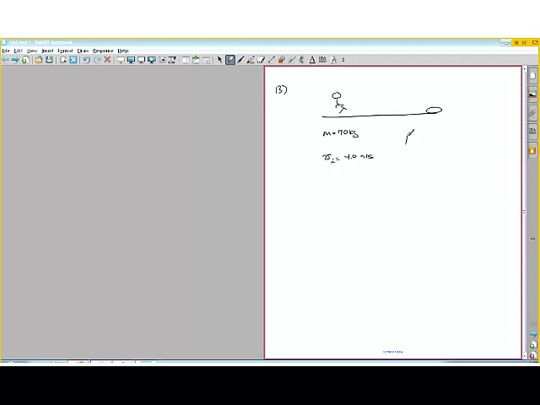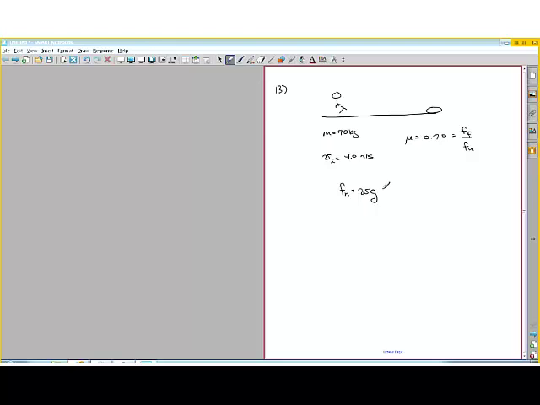Coefficient of friction is 0.70. So that's the ratio of the friction force to the normal force. And the normal force in this case is just equal to the weight, because you have the weight pushing down and the normal force pushing up.